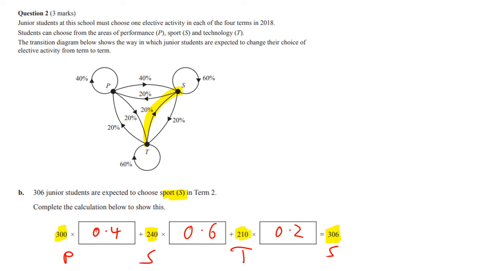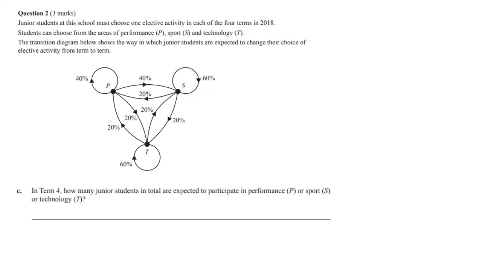But what they're basically saying is, if you want to get S this time, then you've got to consider all the things that go into S for the next time. So we've got to consider P to S, S to S, and T to S, and that's where we got our 3 values from. But I love that because it's a self-checking question, and it's 3 marks. Wow, easy peasy. I forgot about part C, but this is a ridiculously easy mark.